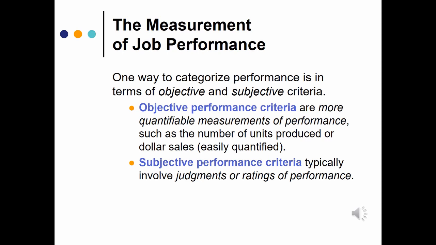Objective measures are counts of various behaviors, for example the number of days absent from work, or the results of job behavior, for example total monthly sales. Meanwhile, subjective measures are ratings by people who should be knowledgeable about the person's performance.